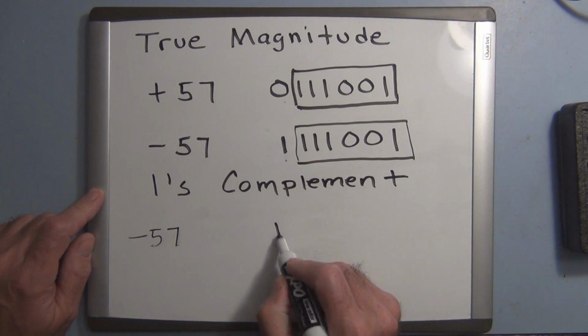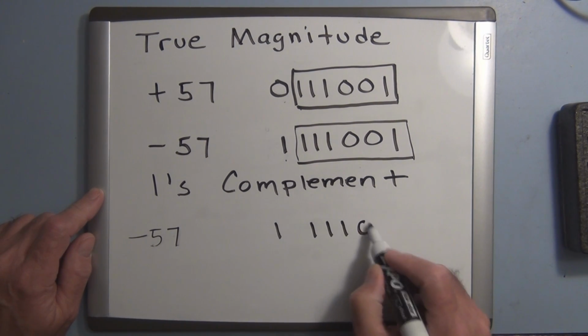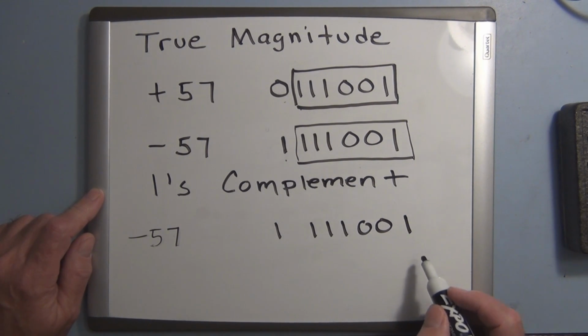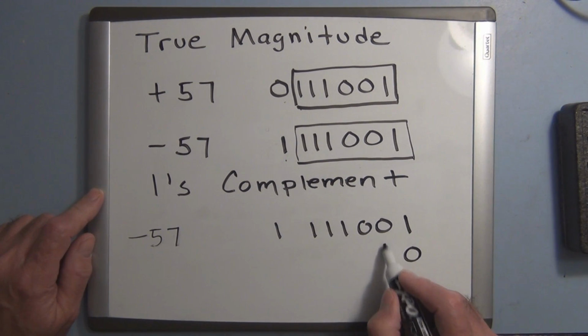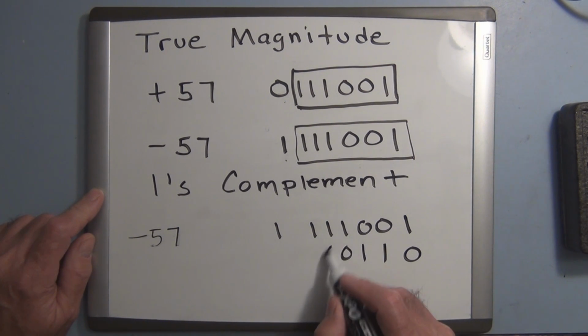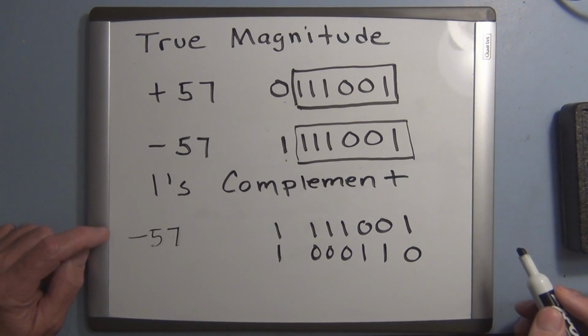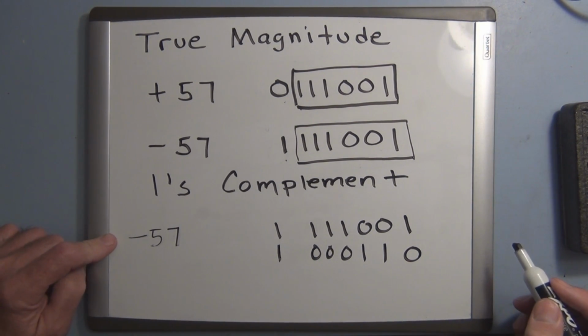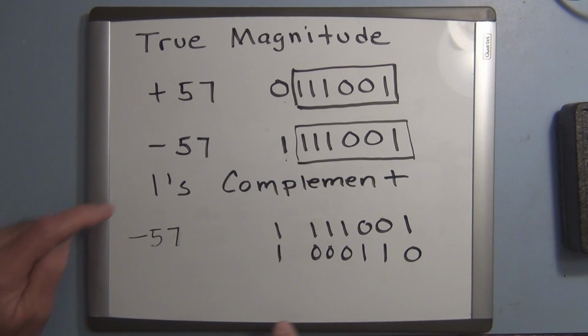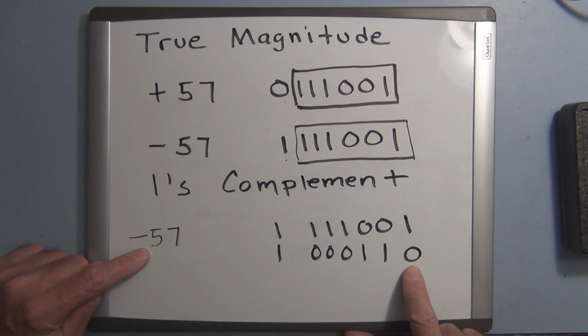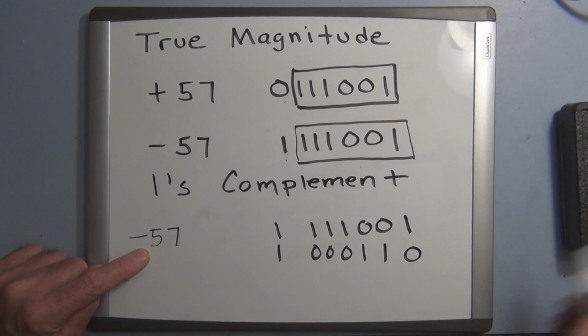So the complement of this number, this becomes a 0, this becomes a 1, 1, 0, 0, 0. And of course this is a 1, indicating that we have a negative number. So to get the 1's complement of minus 57, we take the complement of each individual magnitude bit. So you just take the opposite to get it into 1's complement form.